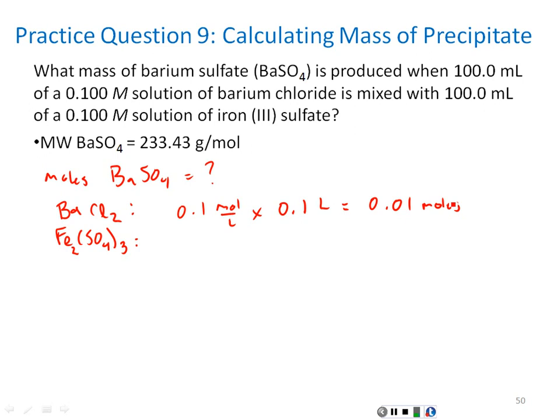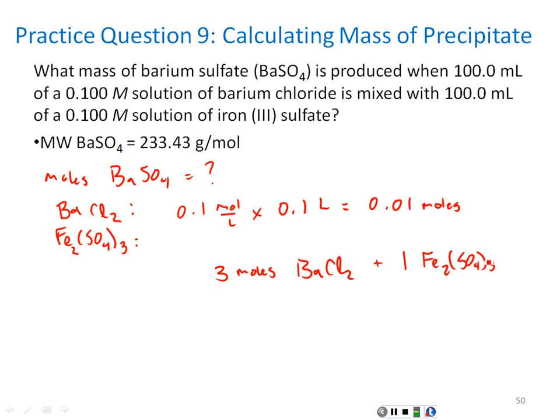If you look back on our total molecular equation, you'd see that the mole ratio is 3 moles of barium chloride reacts with 1 mole of iron sulfate. So which of those would be the limiting reagent?